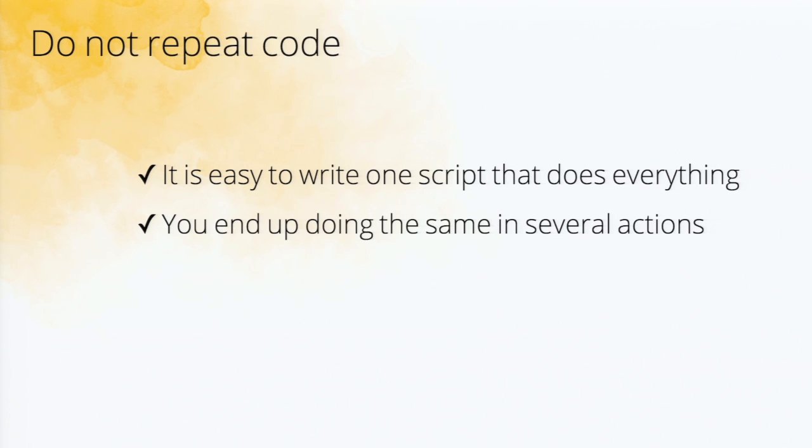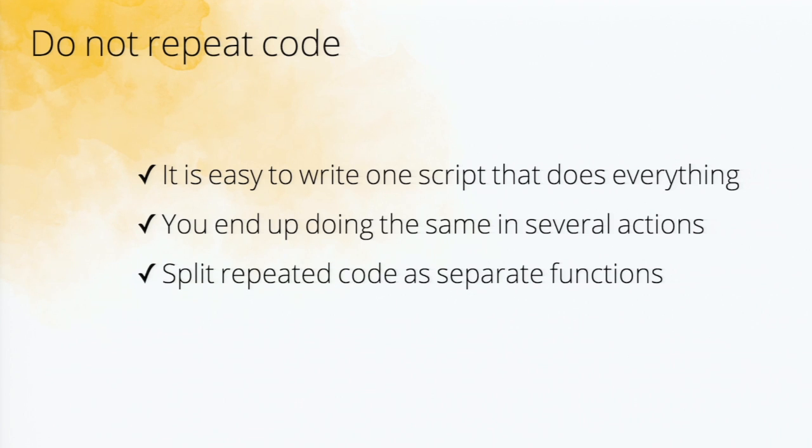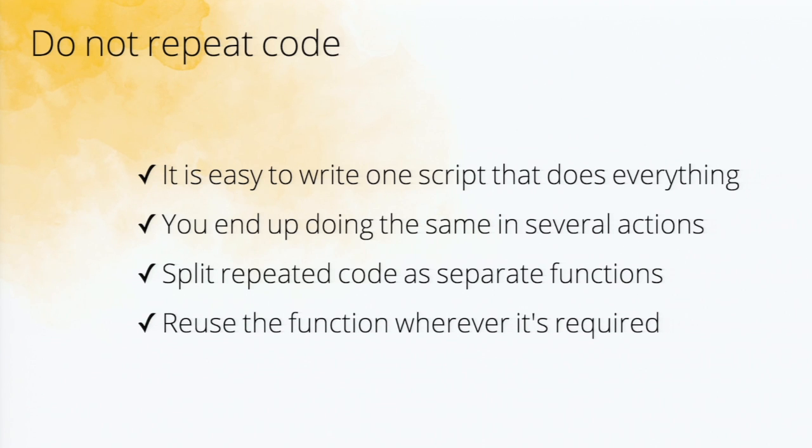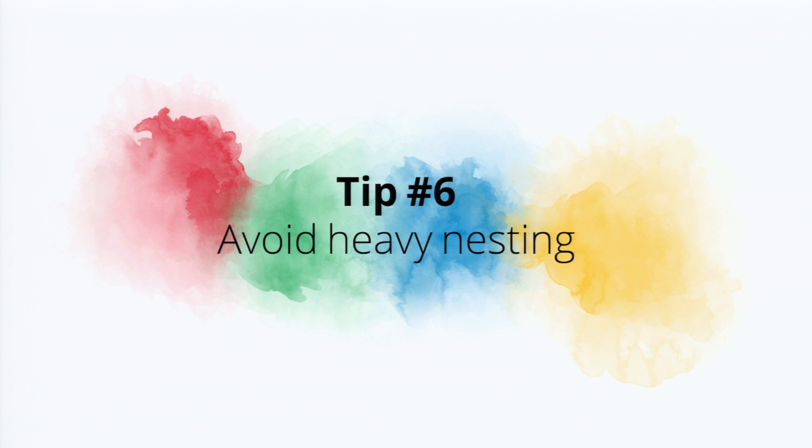So that if there is any change in the particular piece of code, you can do it in one place instead of every place. So split the repeated code as a separate function and call it wherever it is required. Do not repeat the code, because it's unmanageable and it's actually a source of bugs.